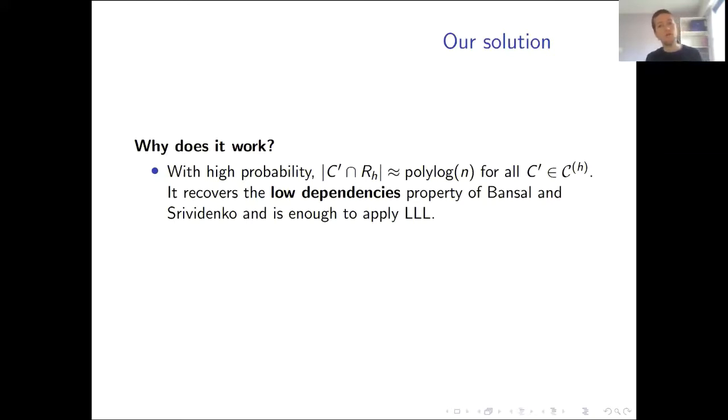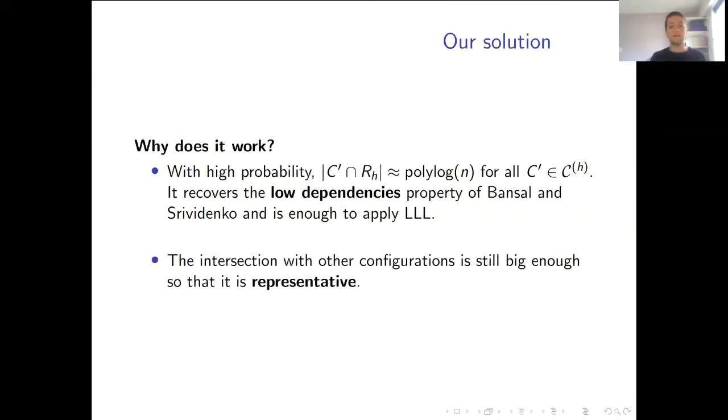Now it recovers the low dependencies property of Bansal and Sviridenko. So there is hope to apply the Lovász Local Lemma, because in expectation the probability of each bad event is still 1/polylog n. Second, the intersection with other configurations is still big enough, polylog n, to be representative of the intersection with the whole set when I don't restrict to the smaller resource set.